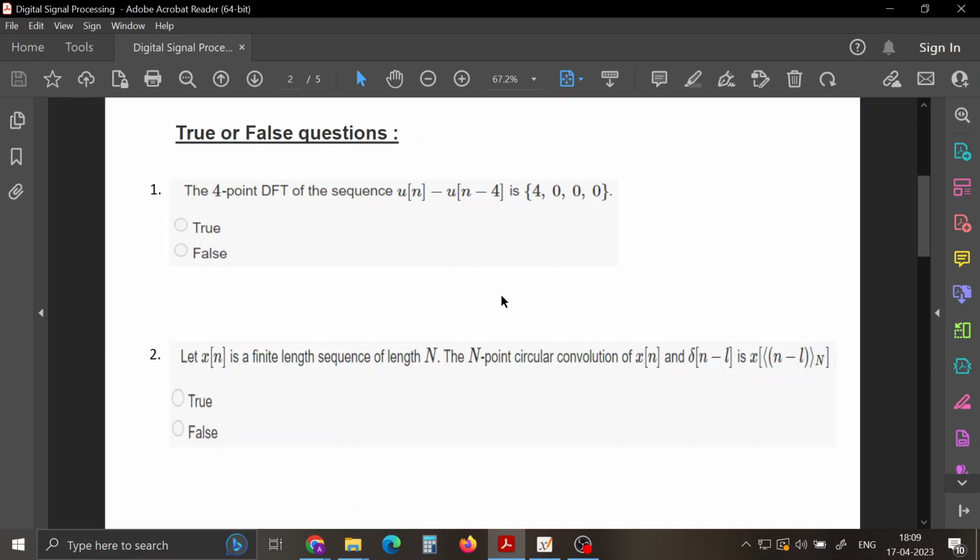So this is a problem based on 4-point DFT, based on DFT computation of a sequence. So let's get started. It should be pretty straightforward, right?